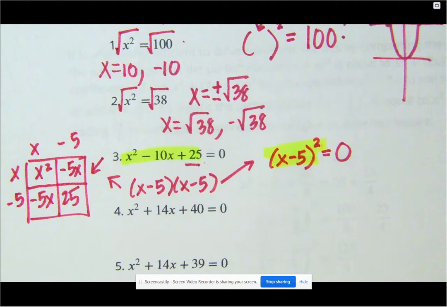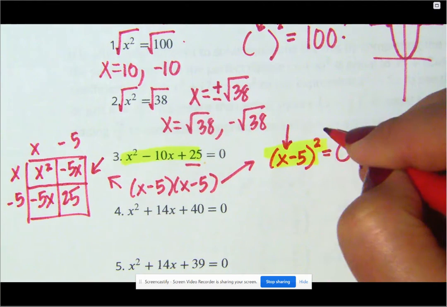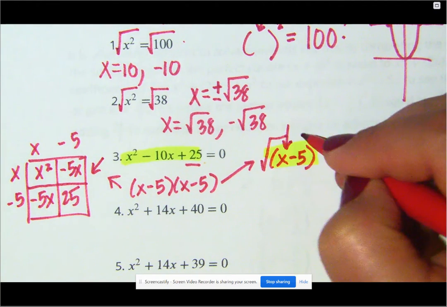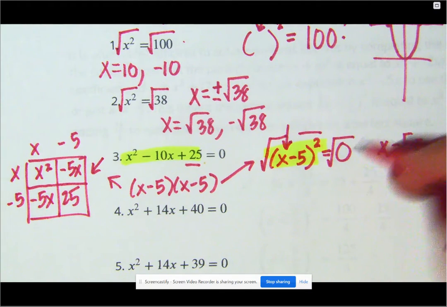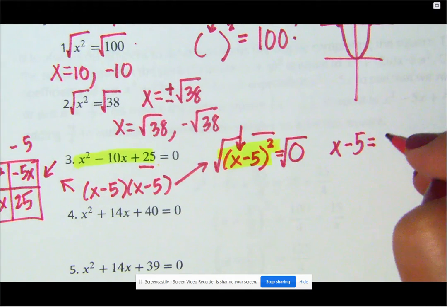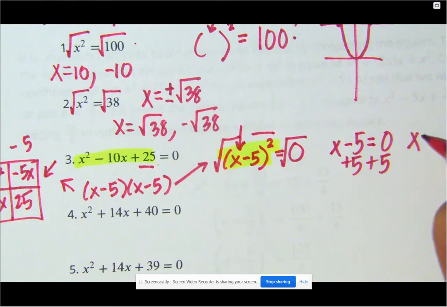I can do the math to get this figured out. I'm trying to get x alone. It's being squared. So I'm going to take the square root. Whatever I do to one side, I do to the other. X minus 5 equals, the square root of 0 only has one answer, 0. Add 5 to both sides. This problem only has one answer.